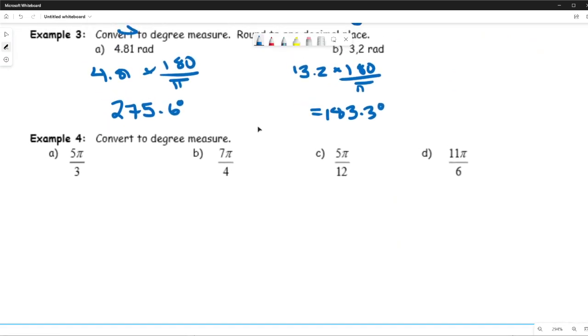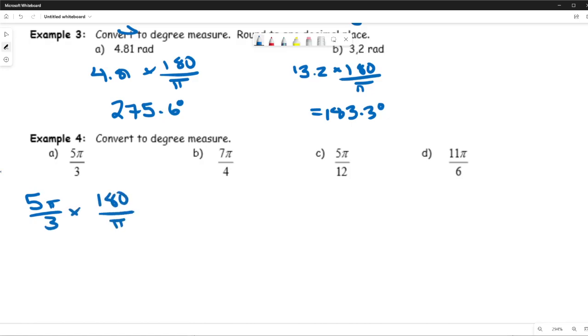Now again, to convert to degrees, all of these become kind of the same thing over and over again, right? I got 5 pi over 3. I'm supposed to multiply by 180, and I'm supposed to divide by pi. So what's going to happen here? Of course, the 2 pi are going to cancel, and I'm going to be left with 5 times 180 divided by 3. Remember, order of operations says you do multiplication and division at the same time.